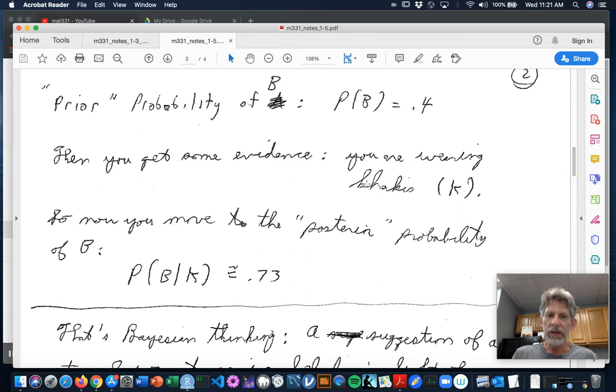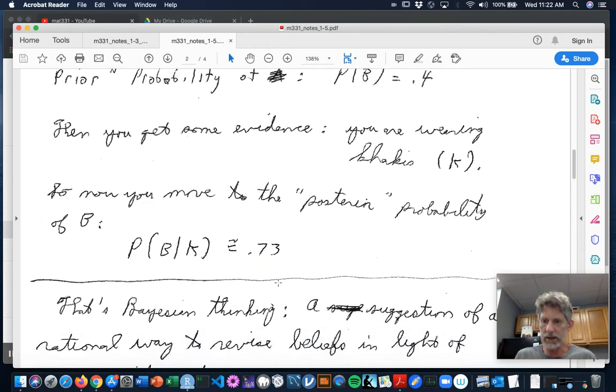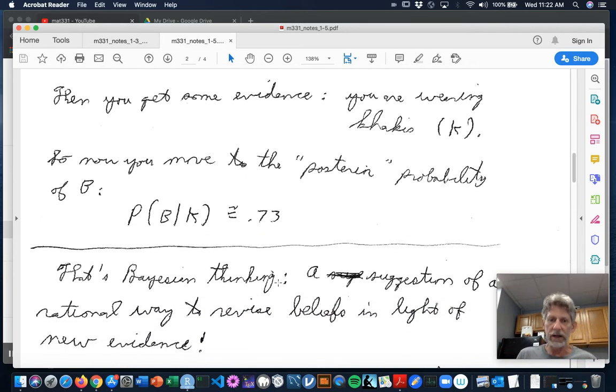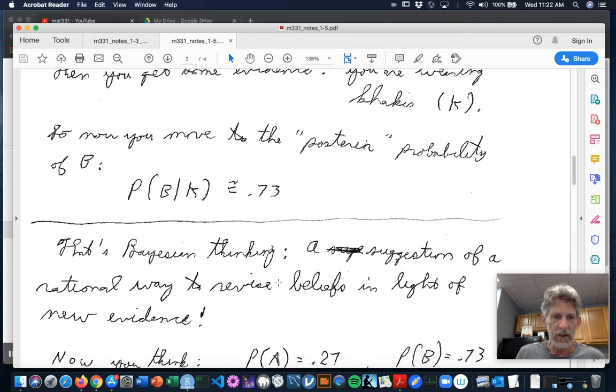And you can use that evidence to move to a new probability that we call a posterior probability, posterior for afterwards. The probability of having gone into the closet B given that evidence that you're wearing khakis. And that's higher than before. It's now 73%, maybe enough to convince you that you ought to go back and check and put the pants back in case they are from your roommate.